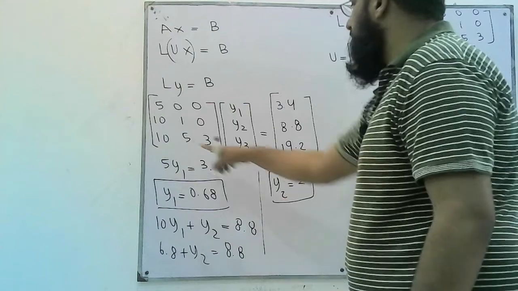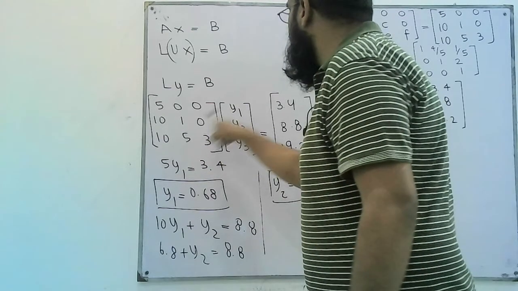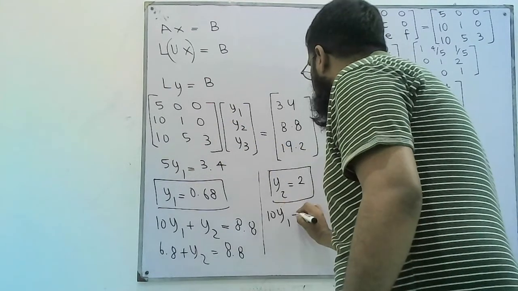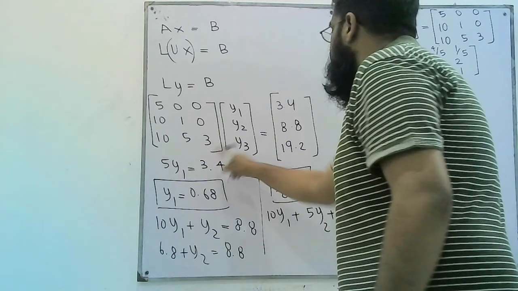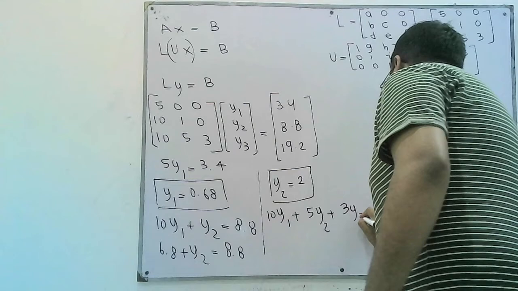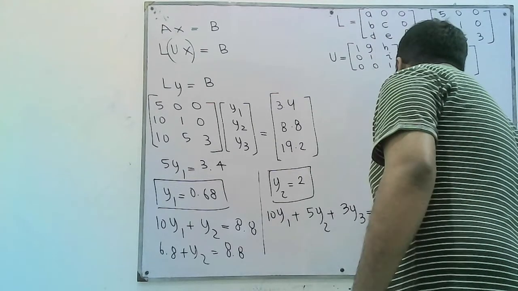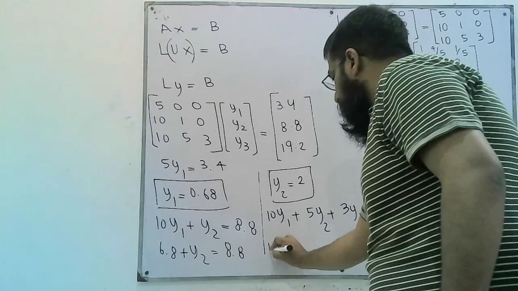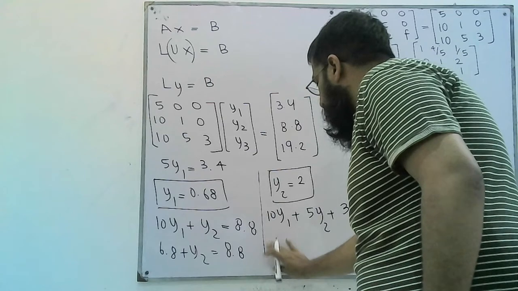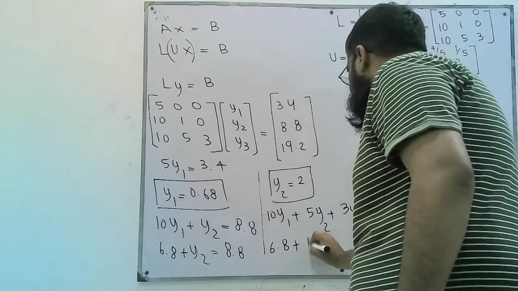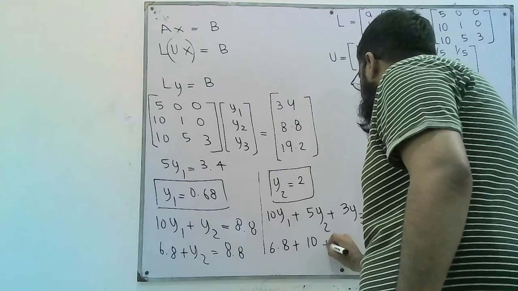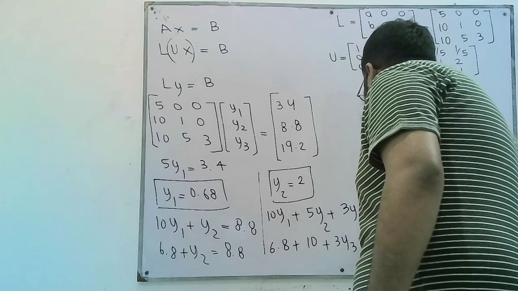And the third and last equation to find Y3: 10 times Y1 plus 5 times Y2 plus 3 times Y3 is equal to 19.2. So 10 times Y1, 0.68 times 10, is 6.8, plus 5 times Y2, 5 times 2, is 10, plus 3Y3 is 19.2.